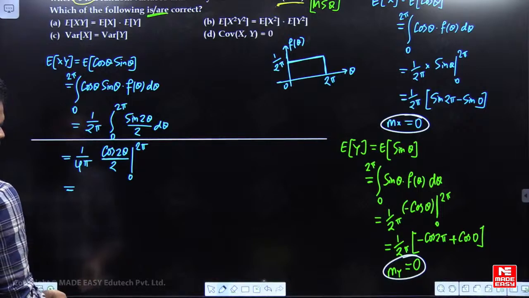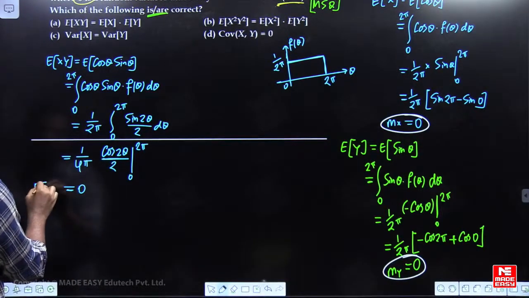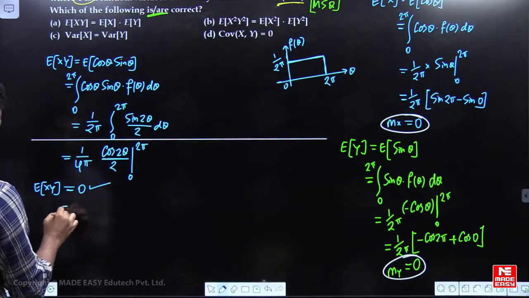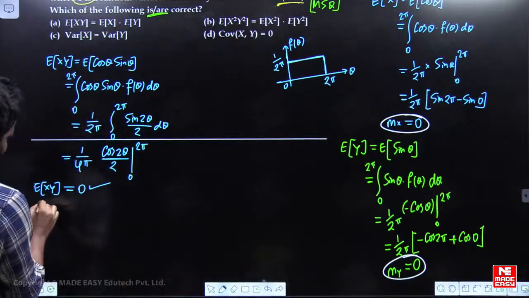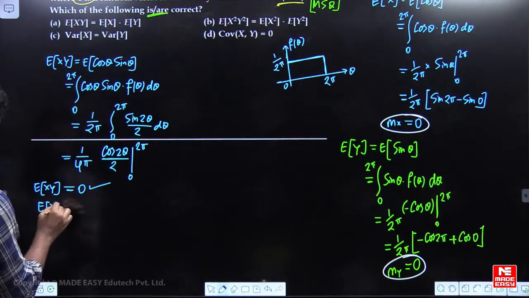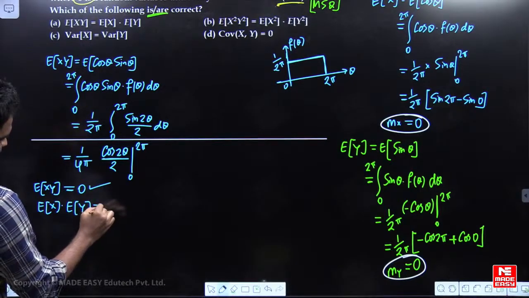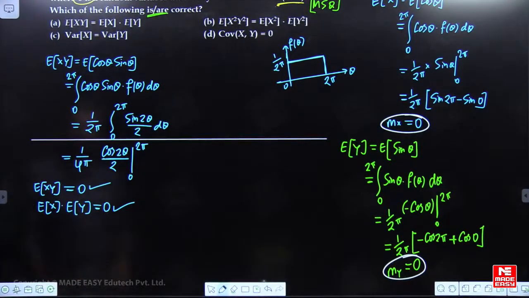Cos 4 pi is 1, cos 0 is also 1, so it is 0. So expectation of xy is 0. Now you can see expectation of xy is 0 and expectation of x into expectation of y is also 0. So option A looks to be correct.